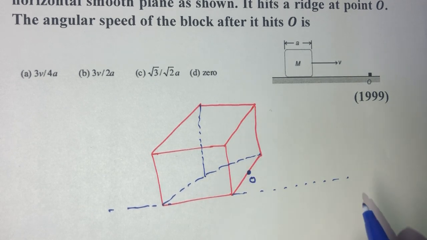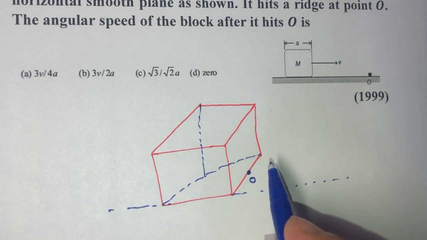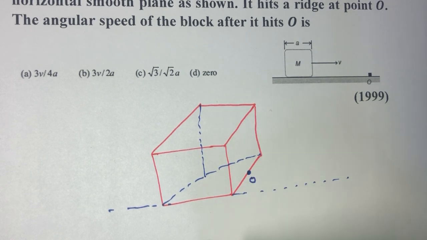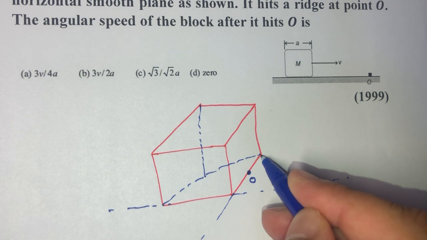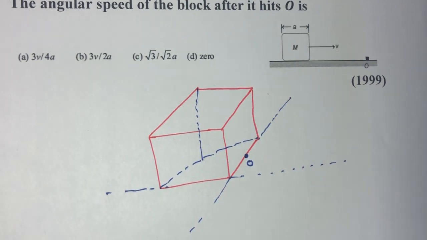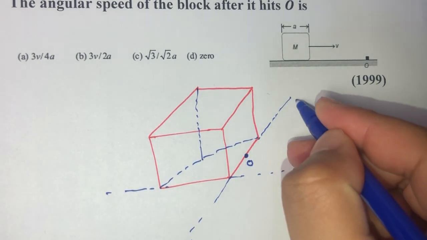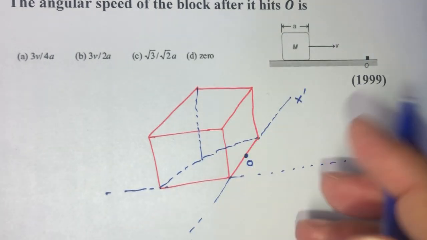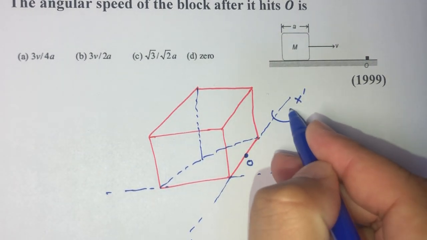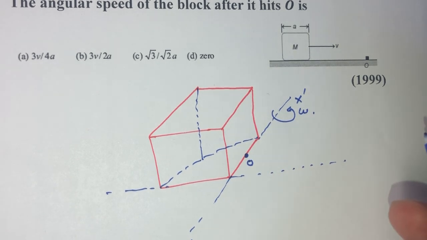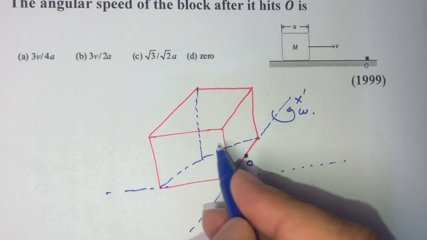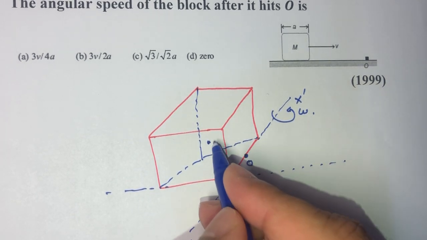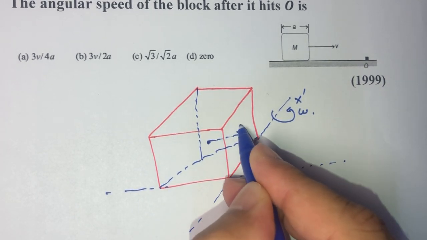This is point O. So obviously it is going to pivot around this edge, and let us suppose that axis along which it is going to pivot, we call that as x prime. So it is going to pivot along this axis, let us suppose with the angular velocity of omega, and this is the center of mass of the cube, which is moving with the velocity v.